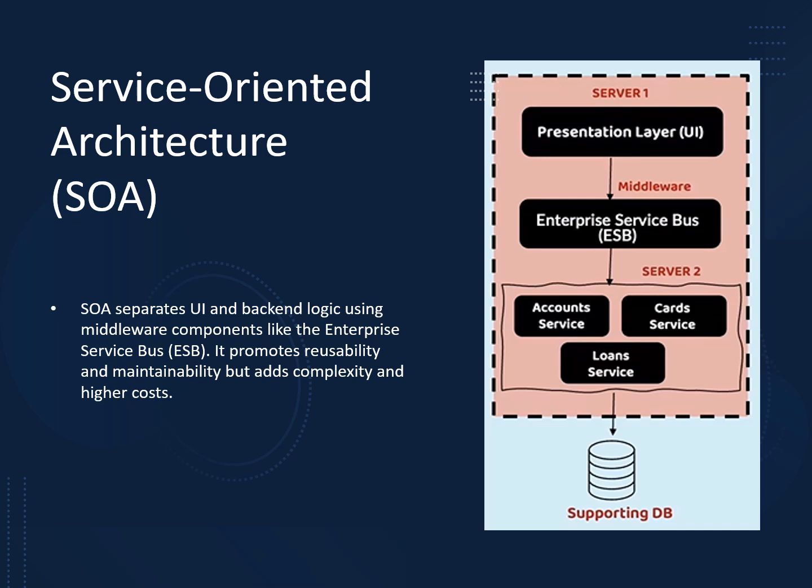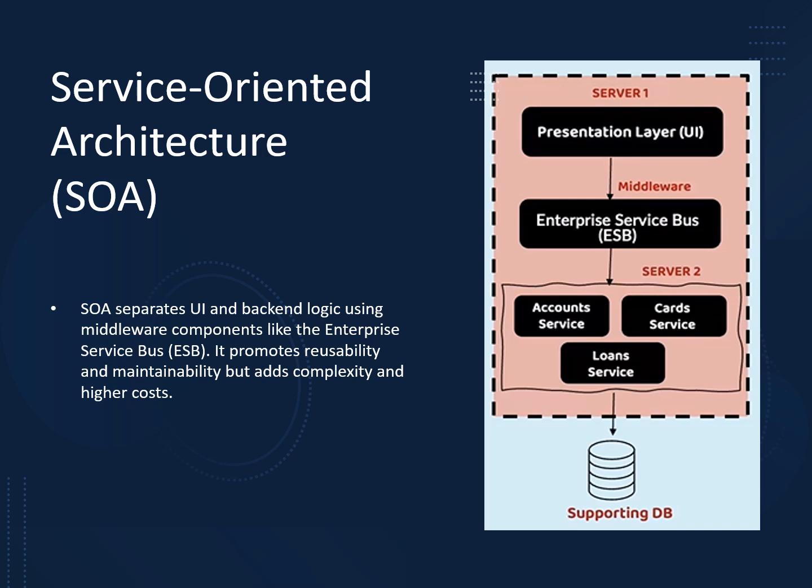SOA emerged as an architectural style to overcome the limitations of monolithic applications. SOA separates the UI presentation layer and backend logic. The UI logic is deployed on server 1. The backend services such as account, card, and loans are hosted on server 2, managed as independent services.